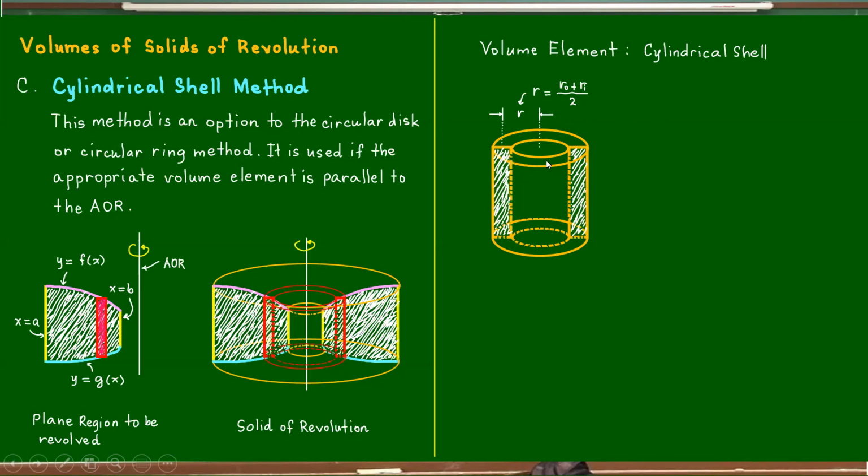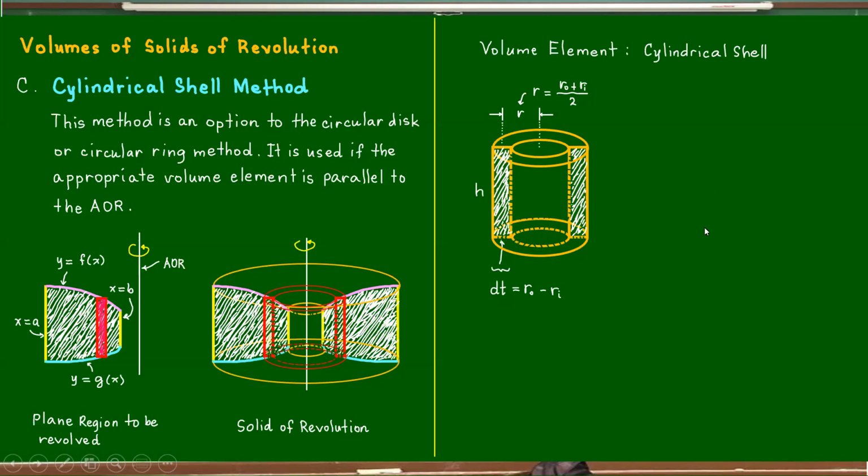This cylindrical shell is actually the difference between this outer cylinder and this inner cylinder. It has a height of h, and the thickness of the shell is dt, which is the outer radius, from this point to this point, minus the inner radius, from this point to this point.